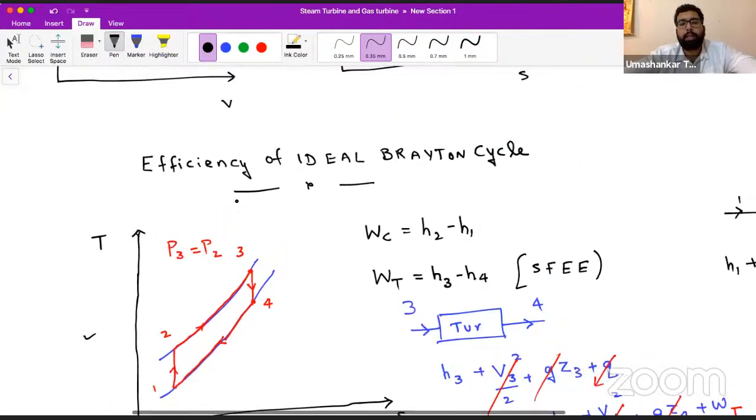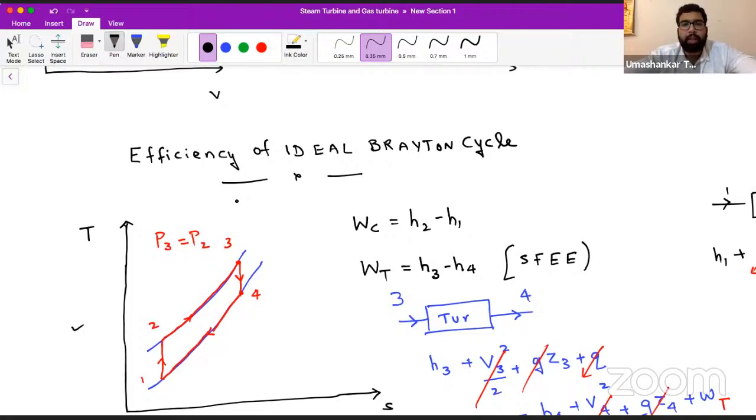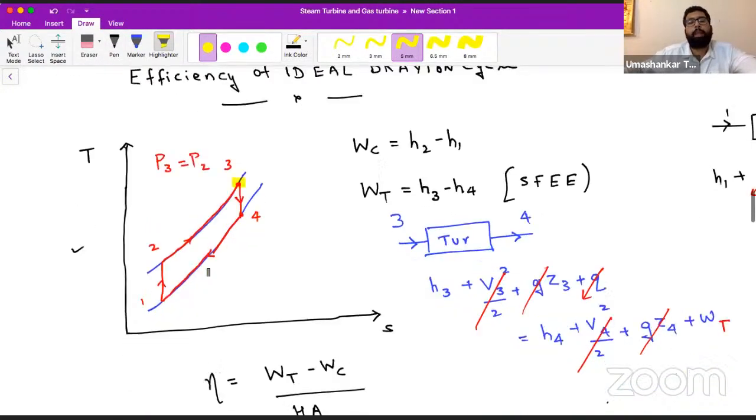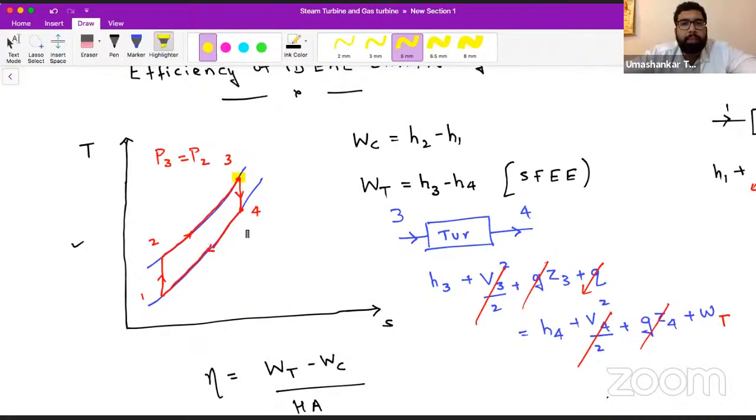If you see the TS diagram, the temperature is maximum, as you can observe in the general TS diagram we developed in the previous session. In the gas turbine cycle or Brayton cycle, the temperature is highest after the gas or air leaves the combustion chamber, because there in the combustion chamber heat is added into it.